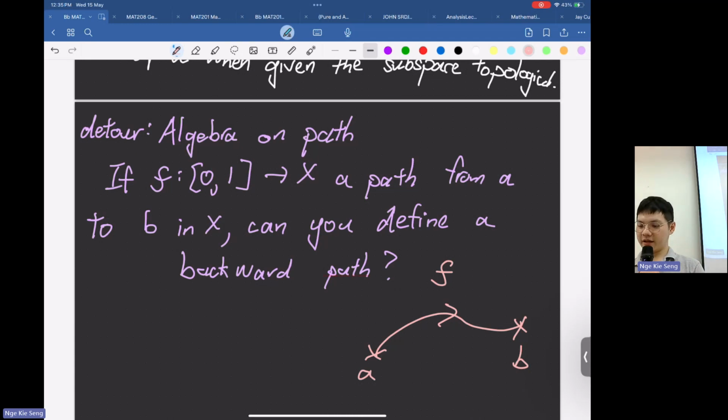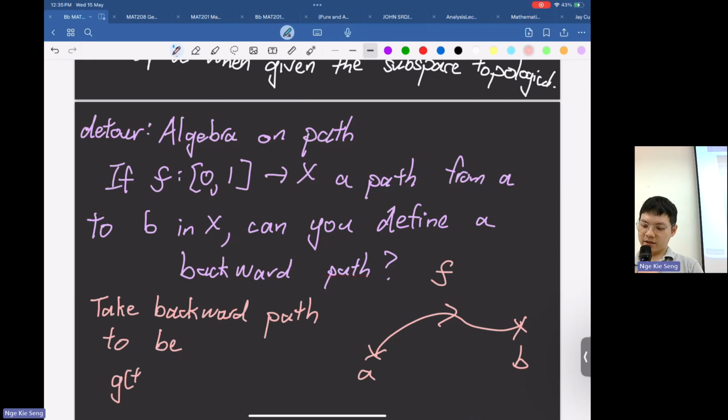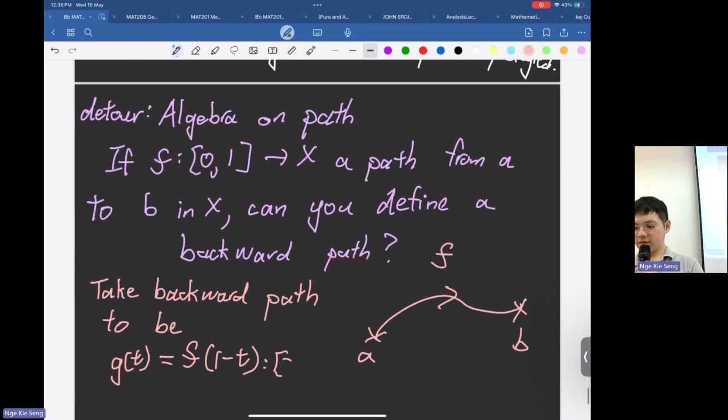Yeah, so you can take the backward path to be G(t), where G(t) equals F(1 minus t). Does it work or not? When t equals 0, what happened?